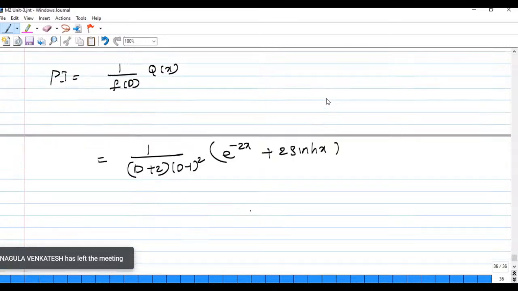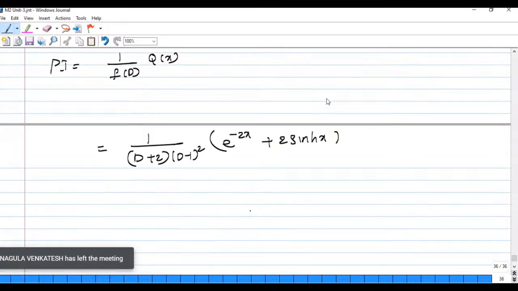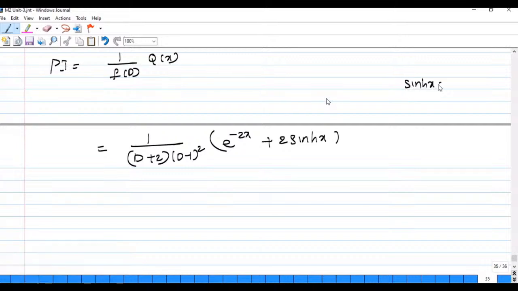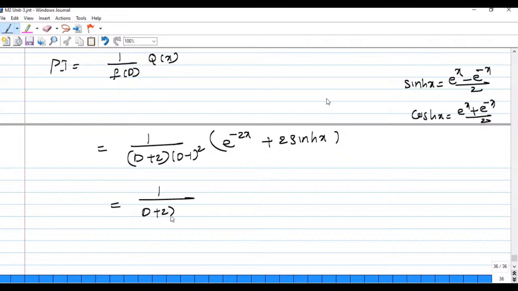How can we write sinh x? That formula: cosh x is e power x plus e power minus x by 2, and sinh x is e power x minus e power minus x by 2. So 2 sinh x we can write as e power x minus e power minus x.